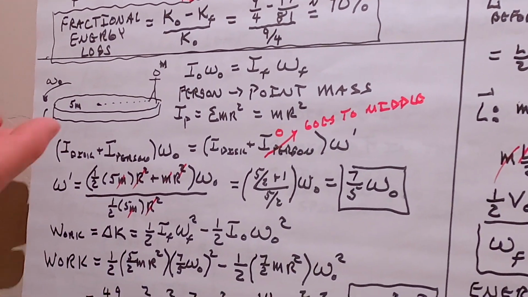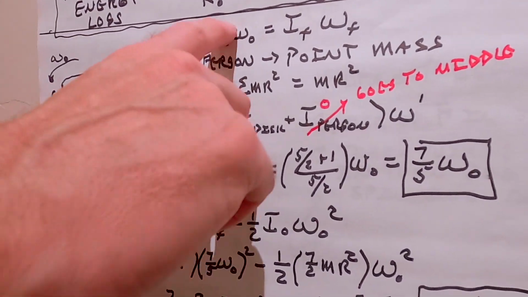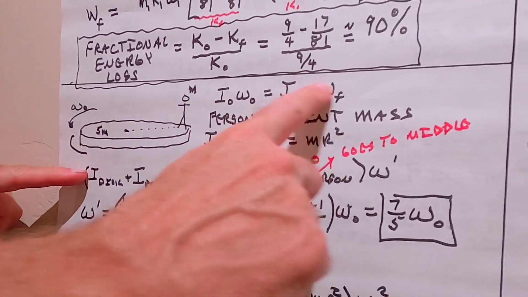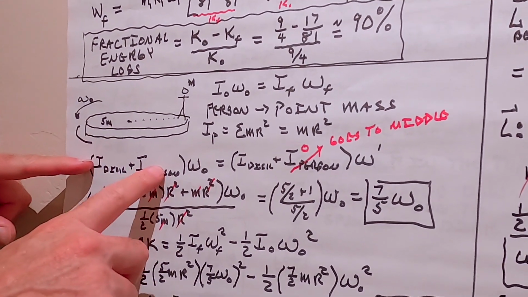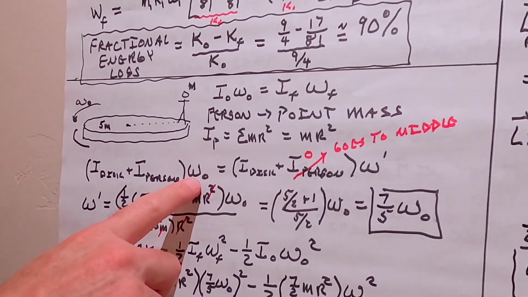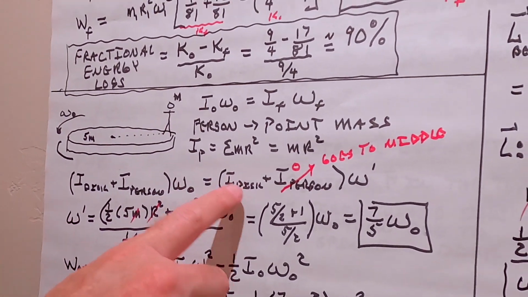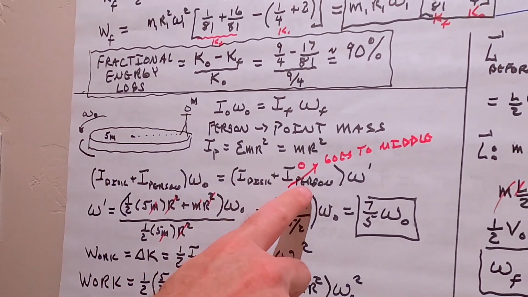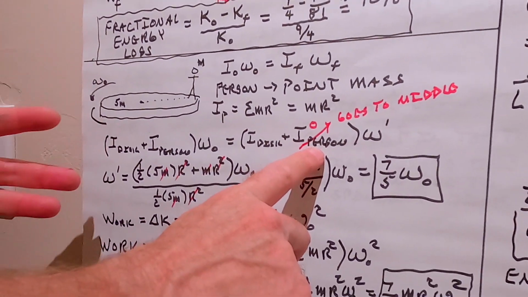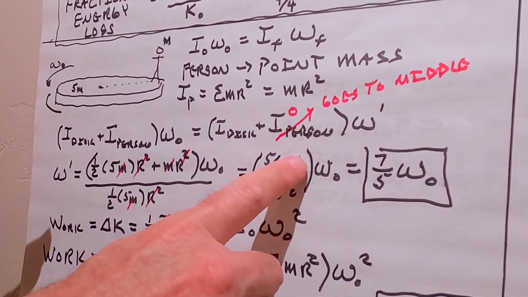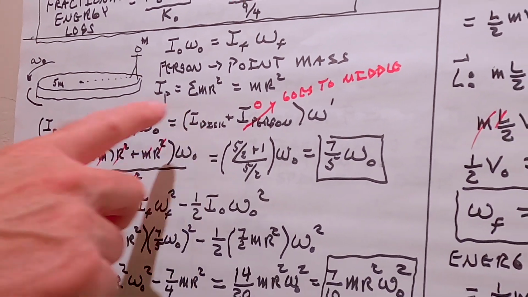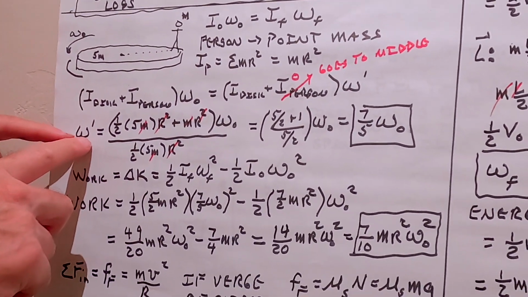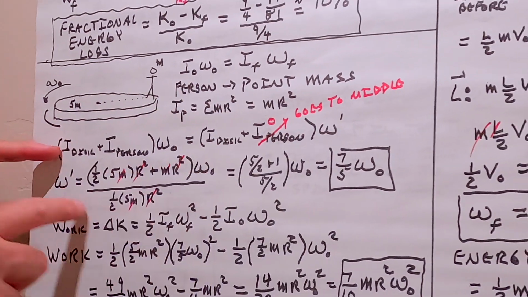Okay, so now we can write out the momentum equation. Here's the I of the disk and the person times his omega naught. And then when he runs into the middle, his I becomes 0 because his radius is 0. So it's just I of the disk right here. So we have omega prime, solving for omega prime, divide this thing out.